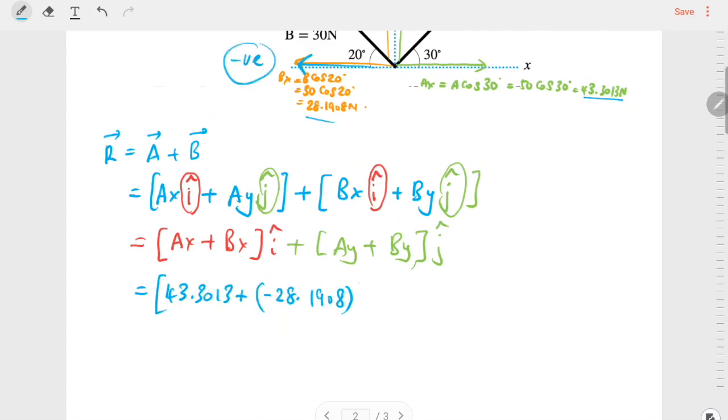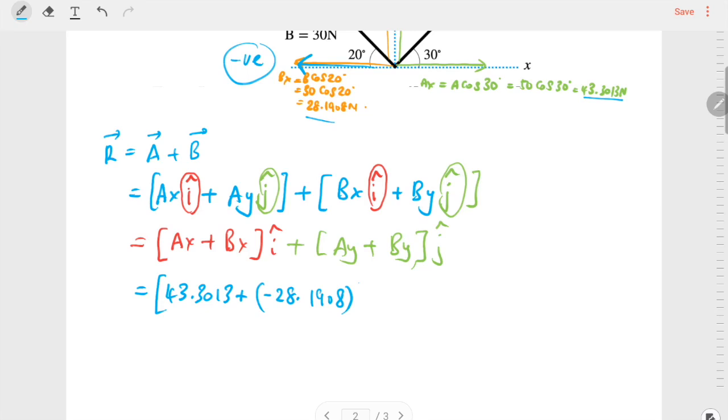Okay, please notice that for the BX, we put the value negative 28.1908. Why negative? Why don't we just total up all the magnitudes? Okay, remember, a vector is defined by its direction. So you look at the direction of the BX, is it to the right or to the left? It is to the left, right? So anything towards the left would be a negative value. It's along the negative X direction.